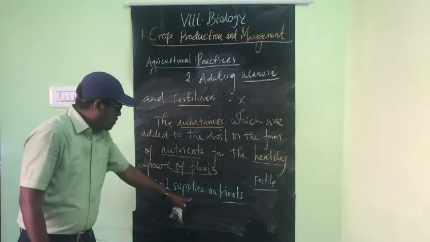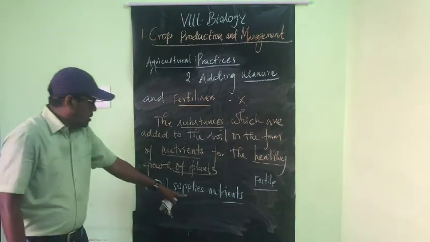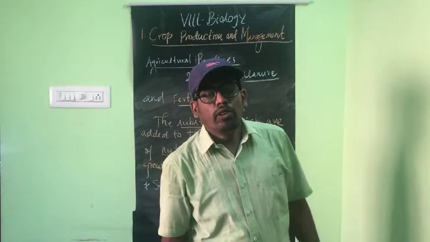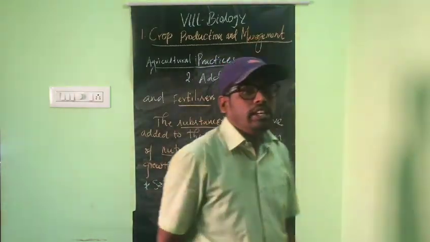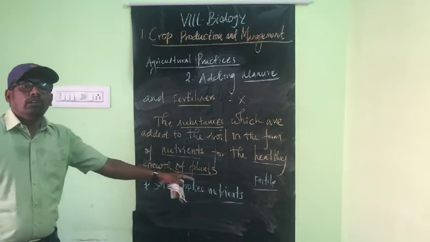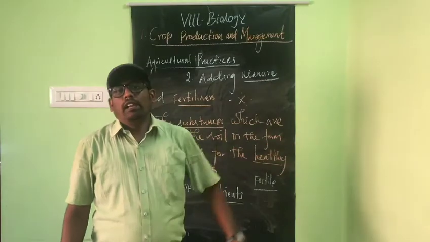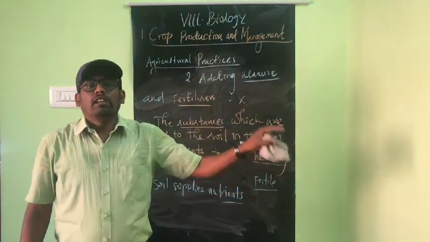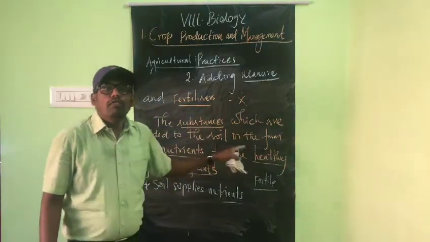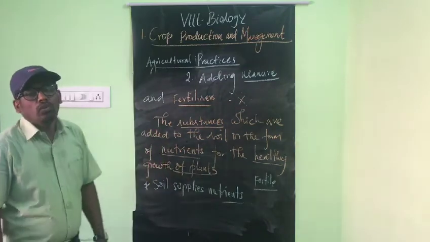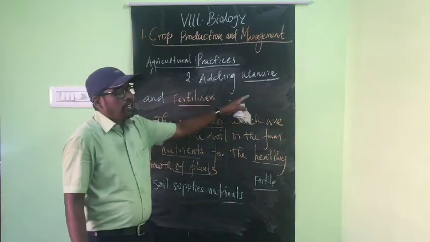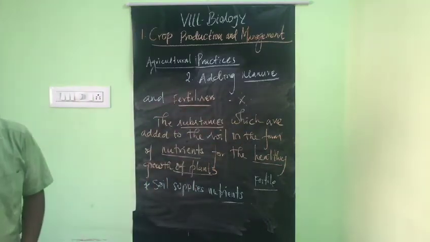So when we add manure and fertilizer, it gets mineral nutrients. The mineral nutrients increase the soil fertility. Soil fertility means what? Valamana man. So only in fertile soil will the crop plants grow well. If there is no fertile soil, the plants will not grow well. So for healthy growth or more yield, adding manure and fertilizer is very important.